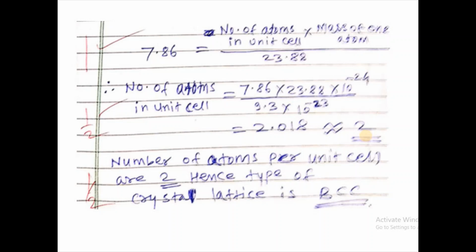Another formula you can directly use: d, density, is equal to Z, that means number of atoms in unit cell, into molar mass divided by a cube into Na. By using this you can calculate Z and directly determine the number of atoms.